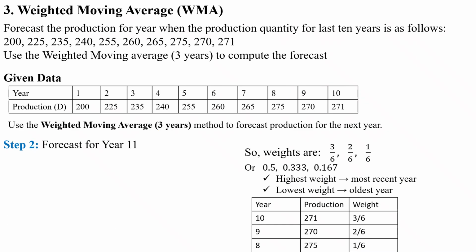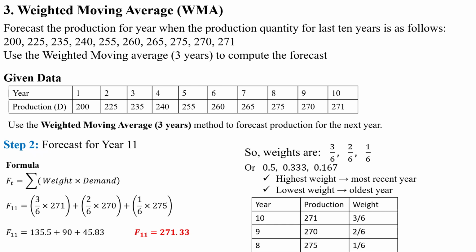So we determined the weights. Then we have to forecast for the 11th year using the 3 years of data. The formula for the weighted moving average for the 11th year is F_t equal to the summation of weight into demand.